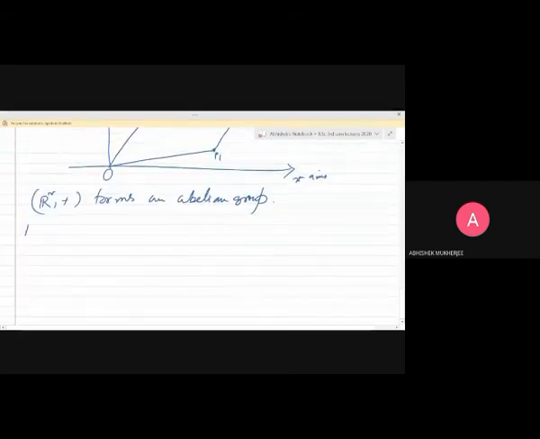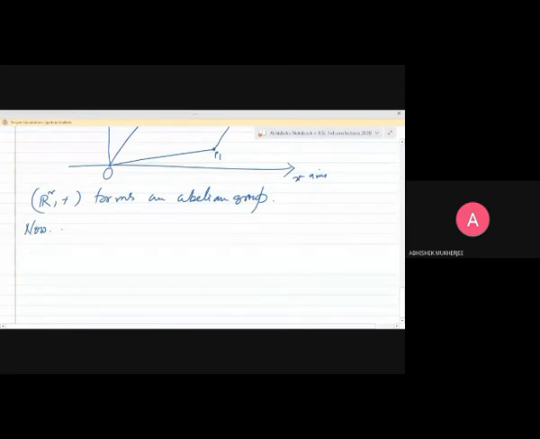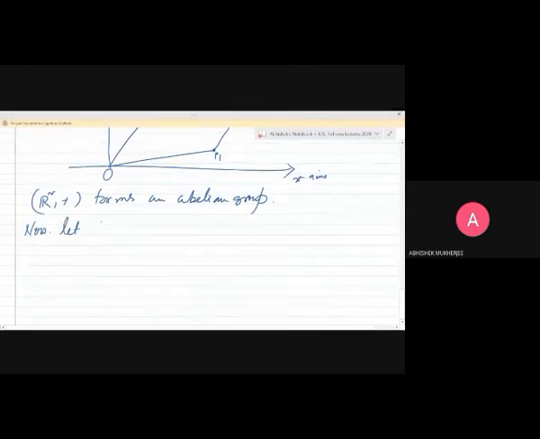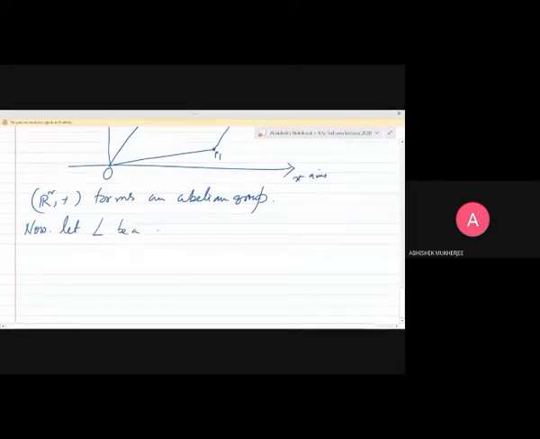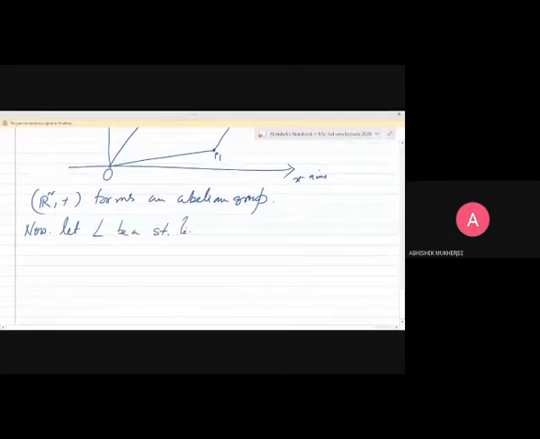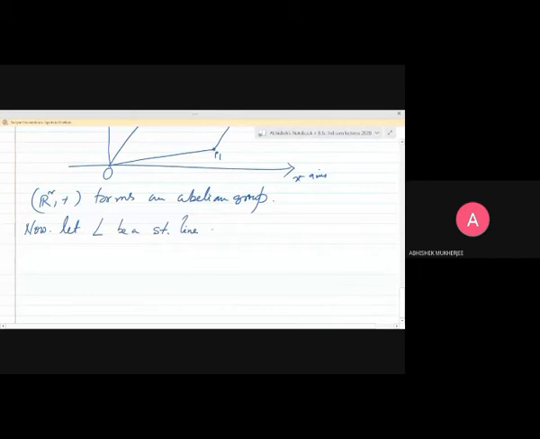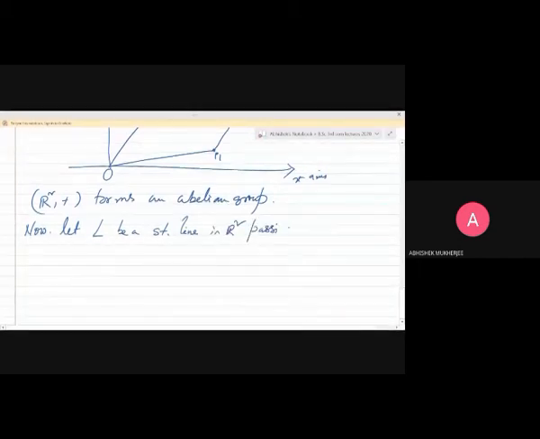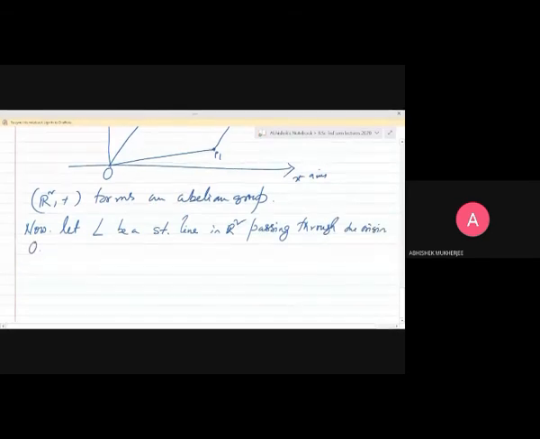Now let capital L be a straight line in the plane R2 passing through the origin O. So the origin has coordinates (0, 0), right?